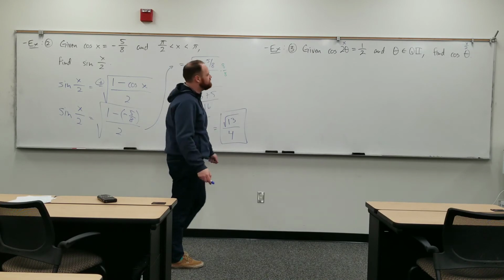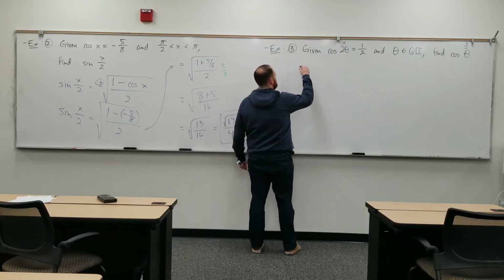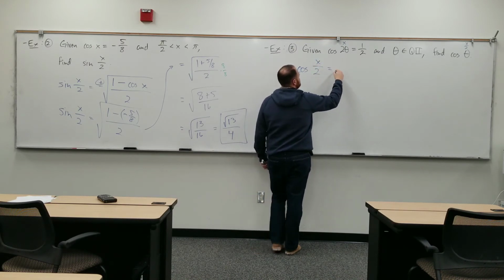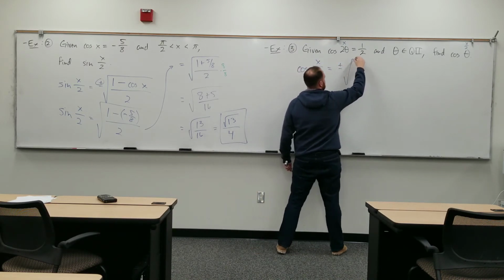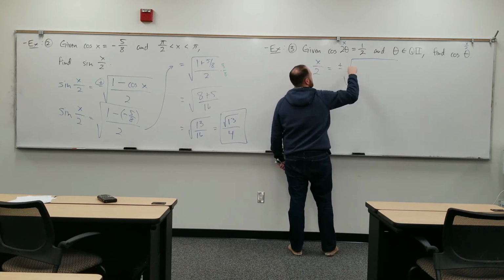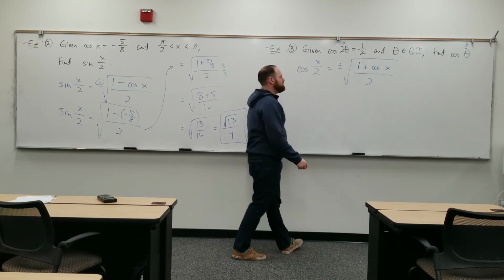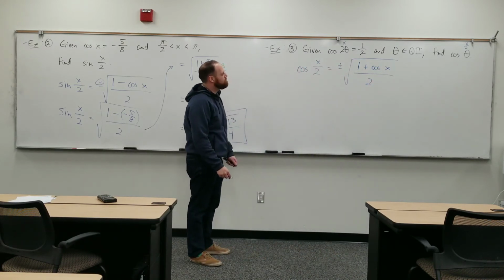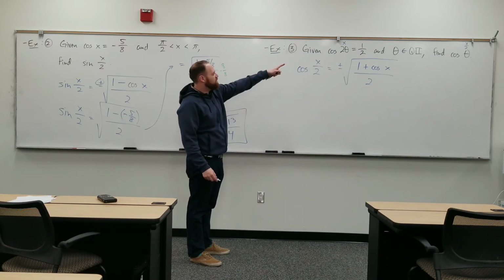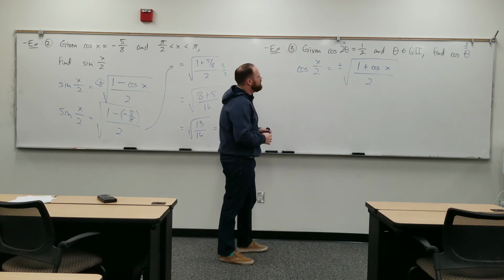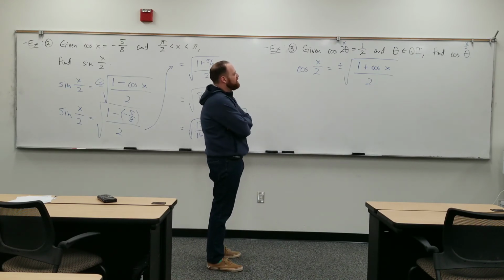Let's do it. Cosine x over 2 is plus or minus the square root of 1 plus cosine x, all divided by 2. Cosine x, we were told, is equal to 1/2. And we should decide what sign to use.